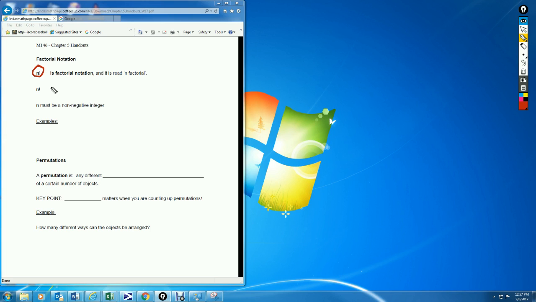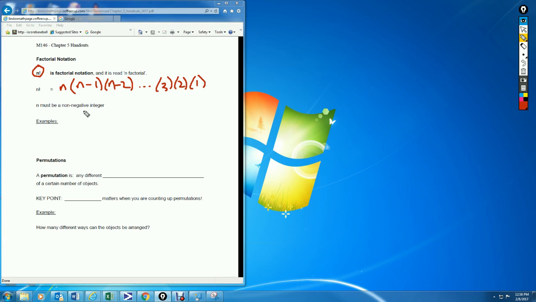What it means is n factorial equals n times n minus 1 times n minus 2 times, and so on, all the way down to times 3 times 2 times 1. Okay? And notice that n has to be a non-negative integer.